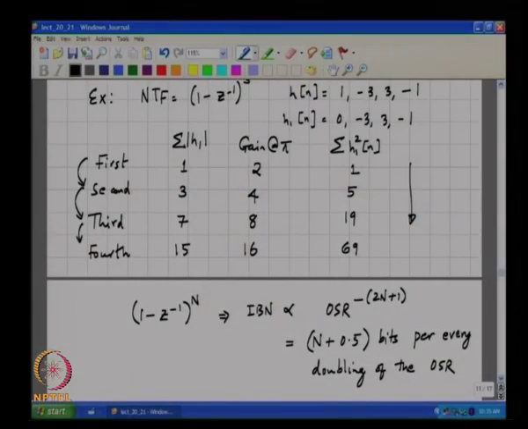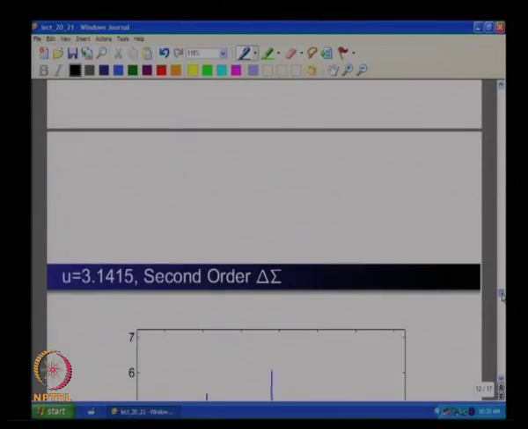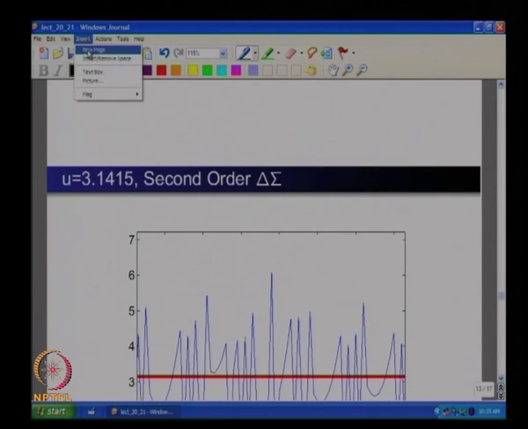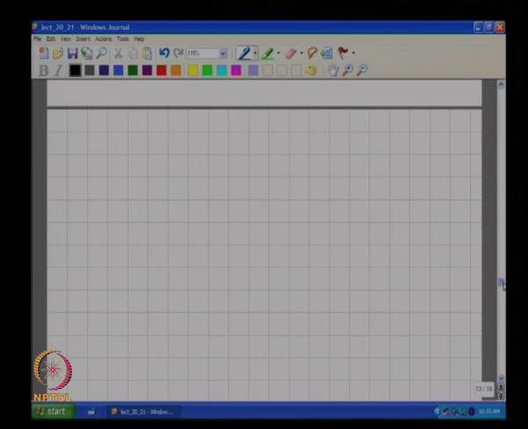Now, the question is, what does this do to the modulator loop as such? Okay. We must remember that the quantizer has a finite range. Beyond a certain range, the output of the quantizer is saturating. The range of the staircase is not infinite. Okay. So, let me drive home that point.